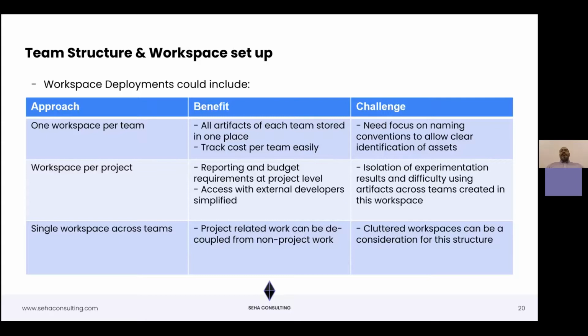So that's a consideration to keep in mind if you're using a single workspace across teams. But like I said, if you're starting out, this is probably where most people start. The other options are for more advanced use cases, when you have more of an R&D budget.